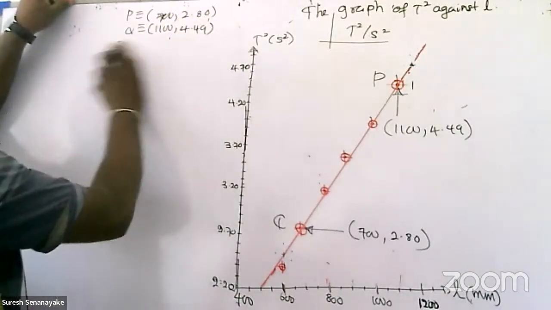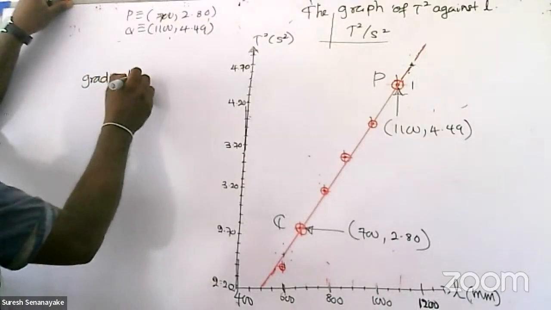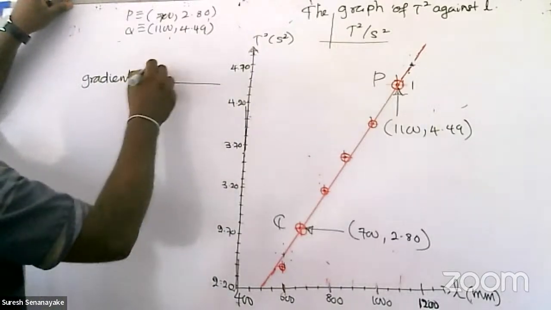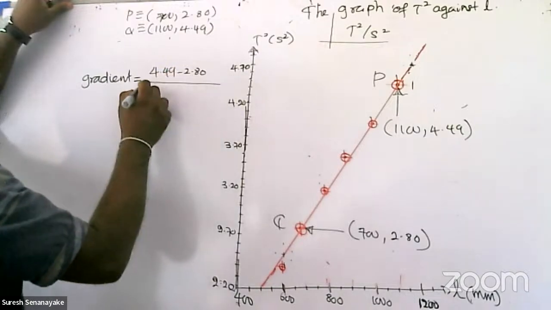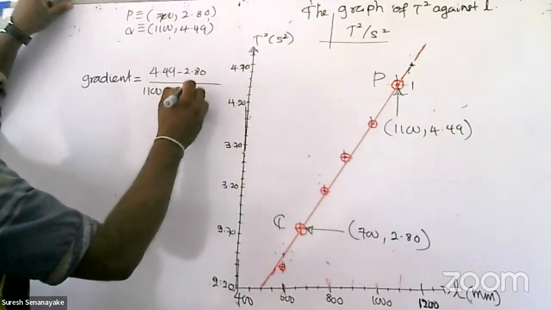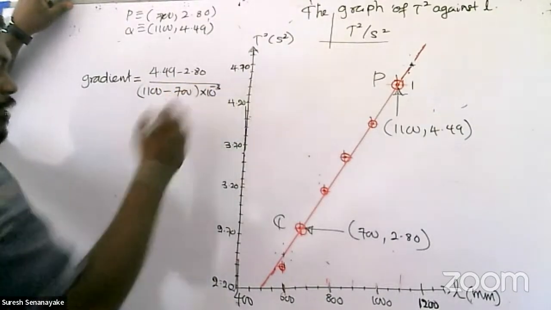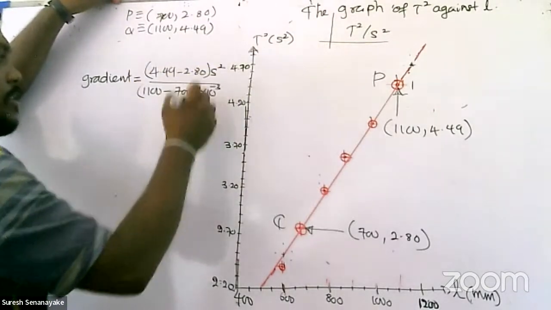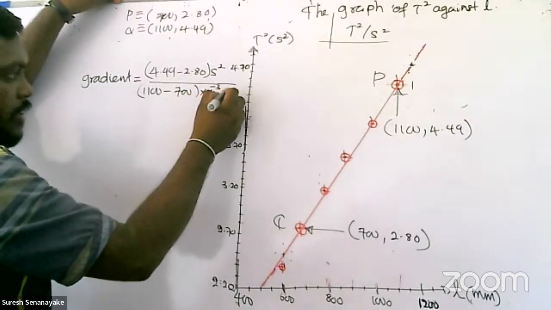So the gradient equals the difference in y coordinates, that is 4.49 minus 2.80, over the difference in x coordinates, 1100 minus 700. Here you can keep in mind that this is in millimeters multiplied by 10 to the minus 9 meters, and the unit of this is squared. Now I'm converting it to meters.